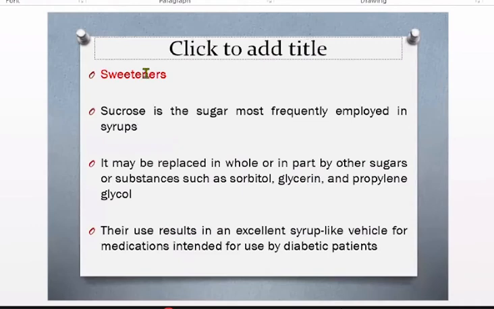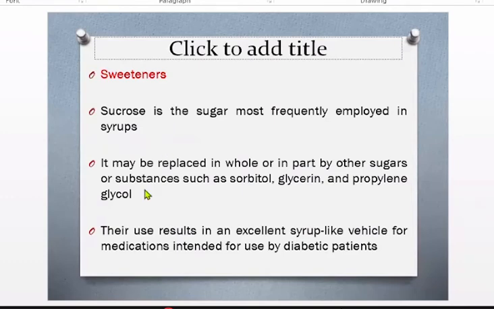Then you have sweeteners as well. Again, important for pediatric formulations. Sucrose is one of the most widely used sweeteners. There are other sweeteners which you can use, particularly where you are formulating products for diabetic patients, because we know that sucrose can exacerbate diabetes.